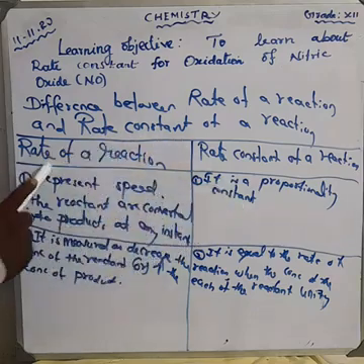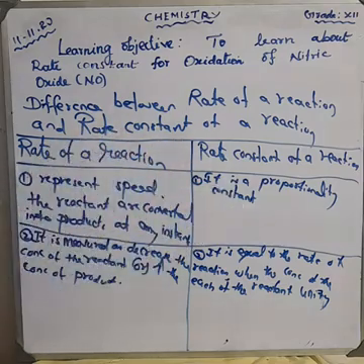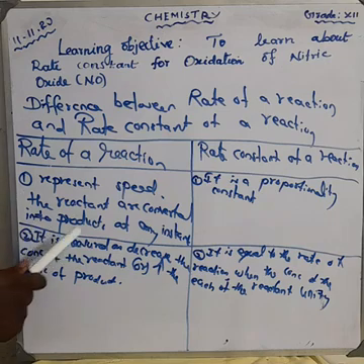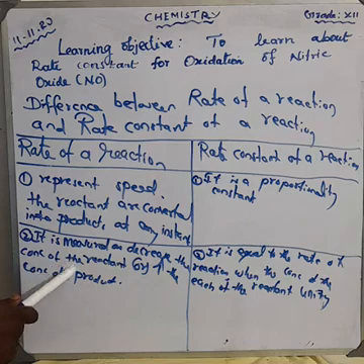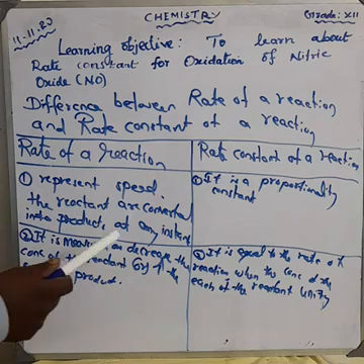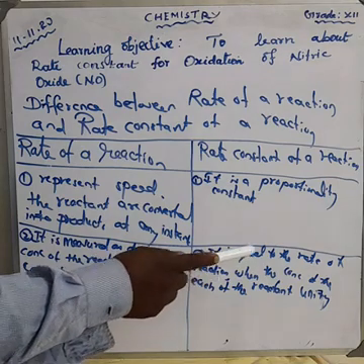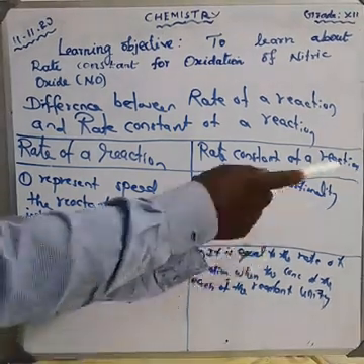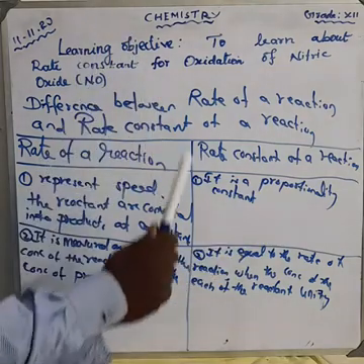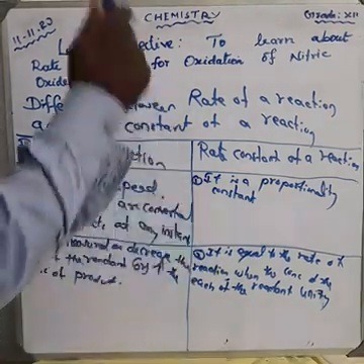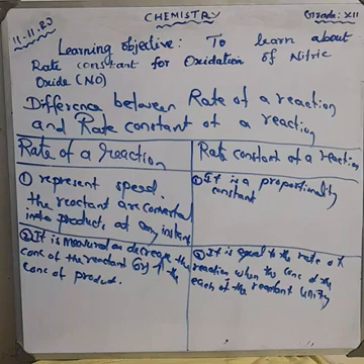Here the second point: it is measured as decrease in the concentration of the reactant or increase in the concentration of products. The rate constant is equal to the rate of the reaction when the concentration of each of the reactant is unity.